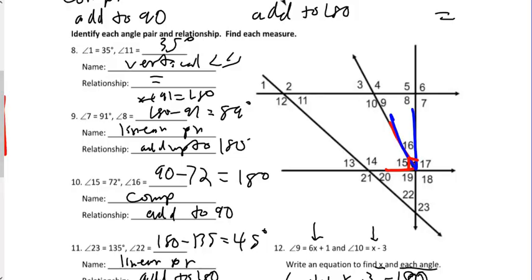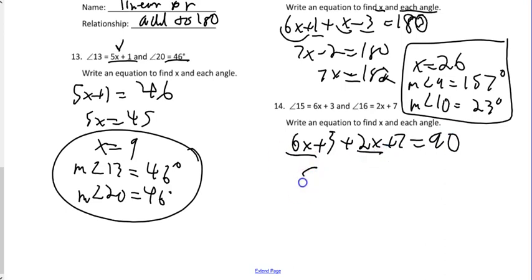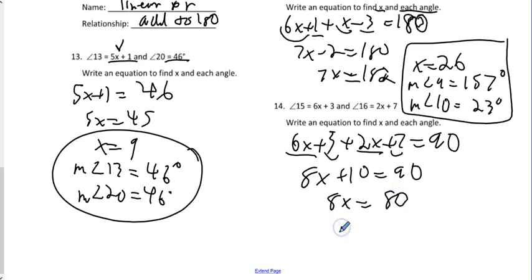So therefore, I'm going to say part plus part equals 90. 6x plus 3 plus 2x plus 7 equals 90. So 6x plus 2x is 8x. 3 plus 7 is 10. Let's subtract 10 from both sides and get 80. And I divide by 8 and I get 10.